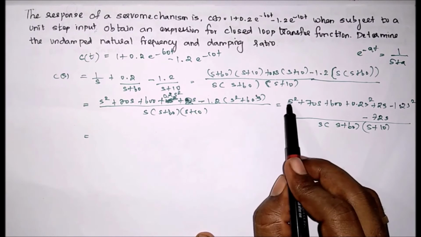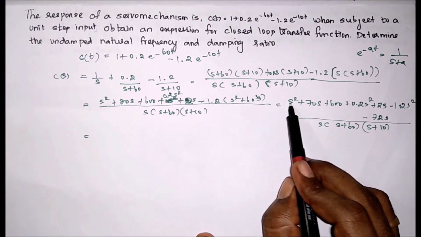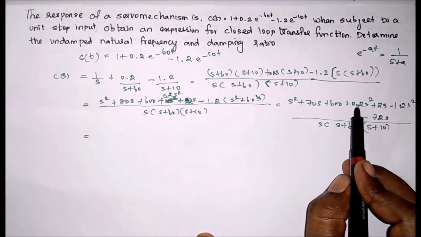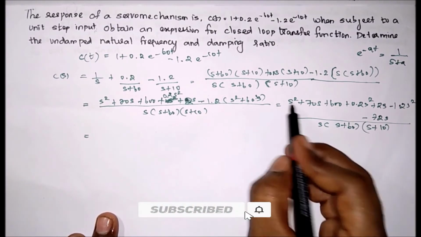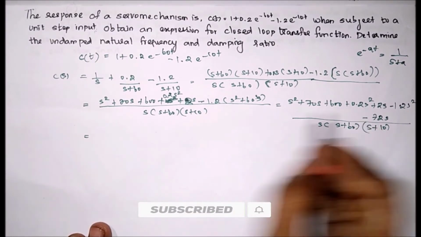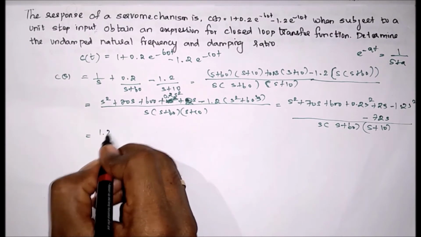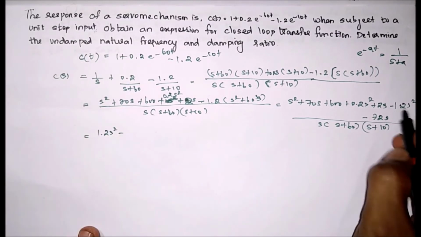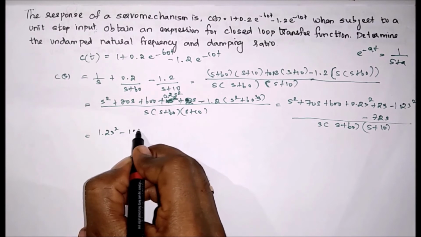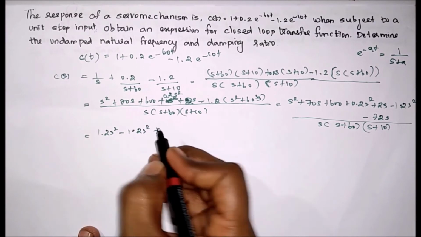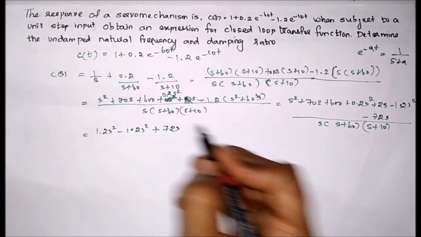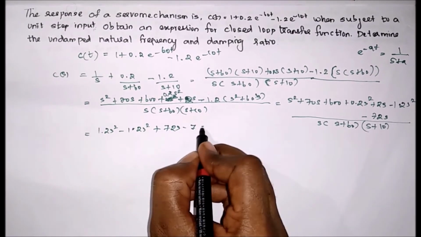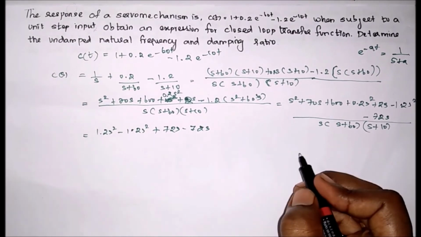Now here we see 1 s square, here 0.2 s square, then we can first add the s square terms. So s square plus 0.2 s square is 1.2 s square, here minus 1.2 s square, plus here 70s plus 2s is 72s, here minus 72s.